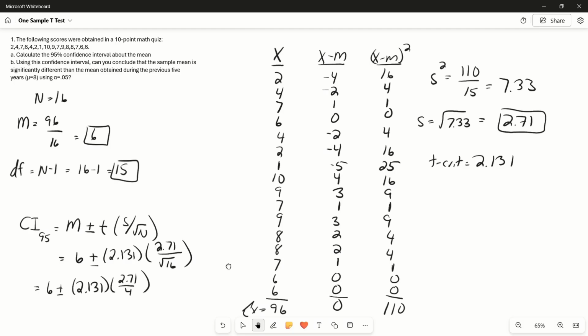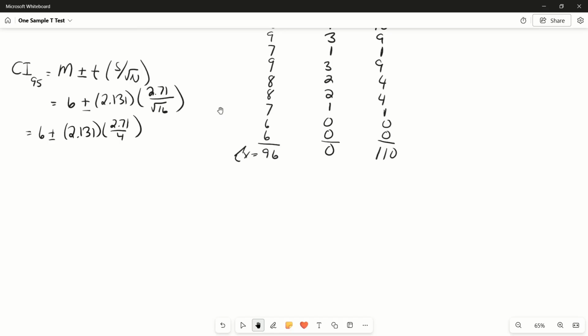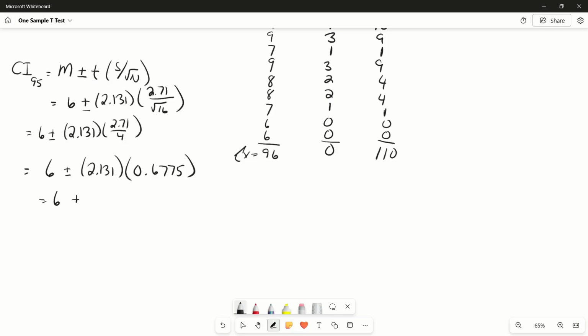Forgot the plus or minus. Let's go back to do 6 plus or minus 2.131 times this value, which is 0.6775. Multiply these two values together, and that gives us 1.44.